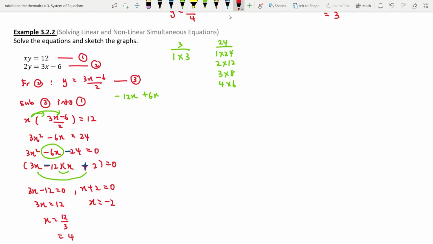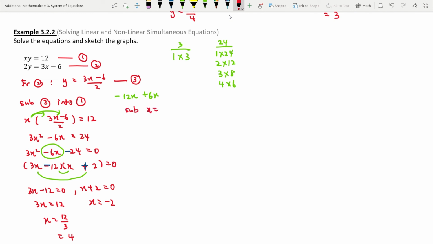After we found our x coordinates, let's substitute them into either equation to get our y coordinates. Since we already made y our subject in equation 3, I will substitute the x values into equation 3 to get our y values.